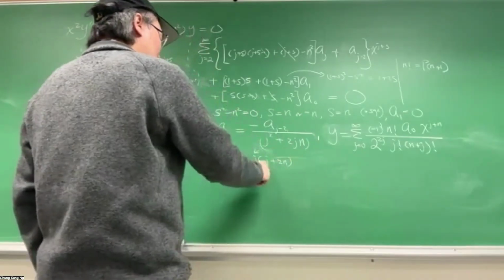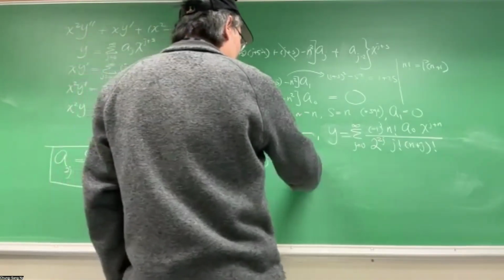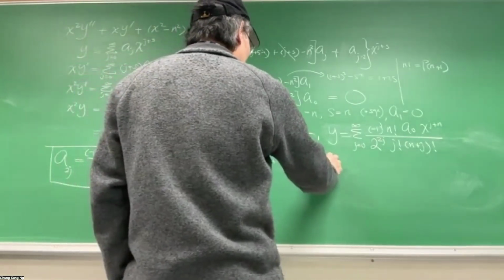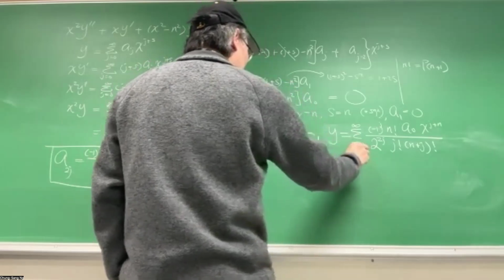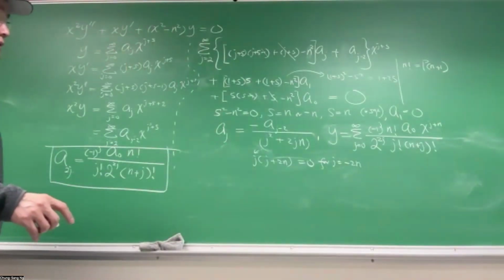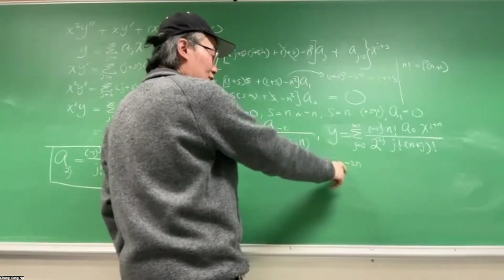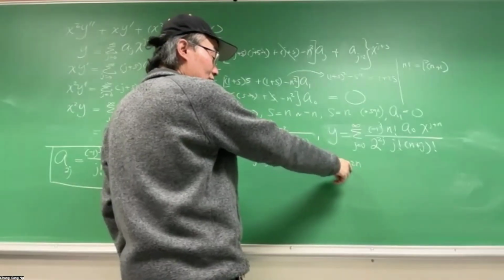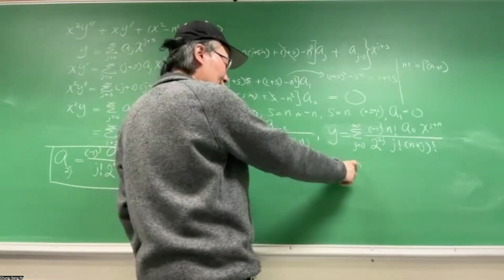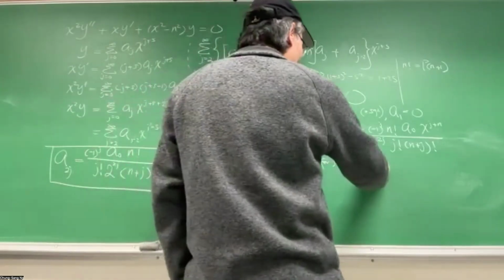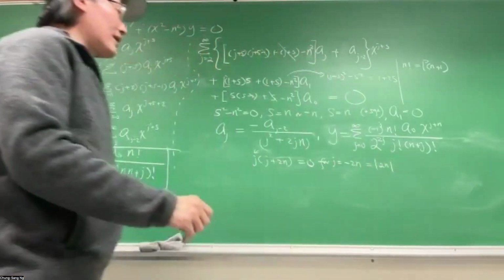But if j equals minus 2n, this is 0 for j equals minus 2n. And remember, n is a negative integer, so this is positive. Starting from 0, eventually you will hit the integer minus 2n, which is a positive value, the absolute value.